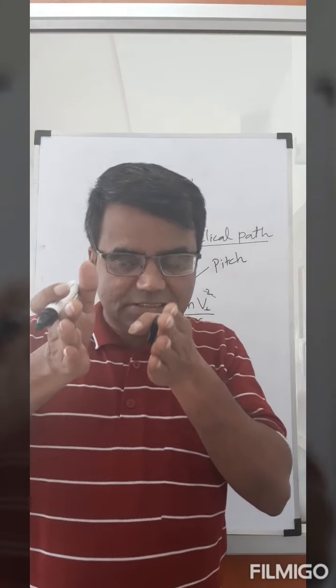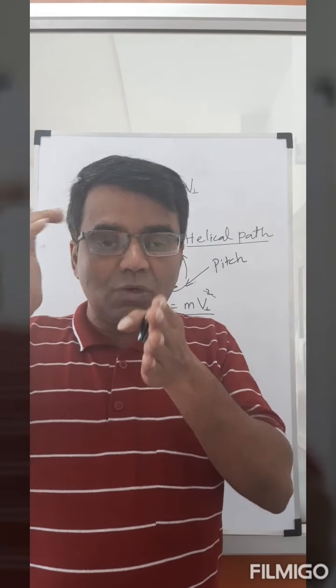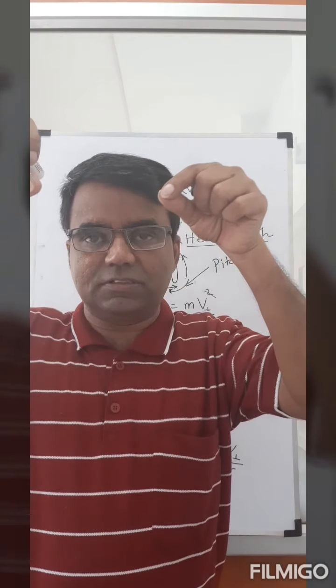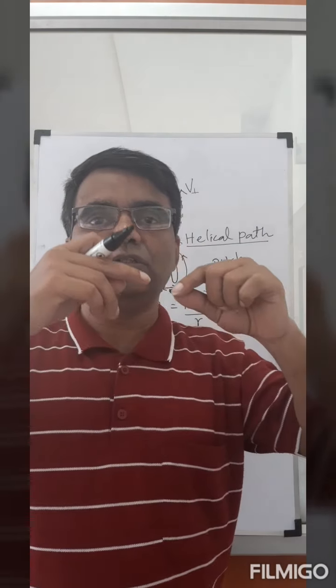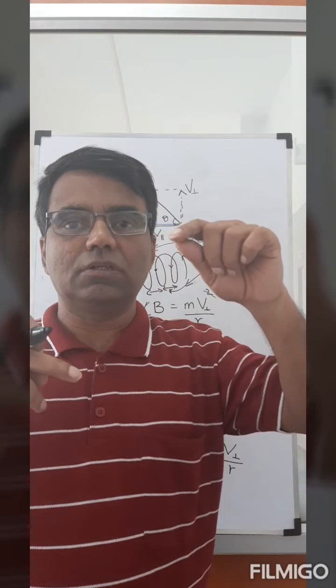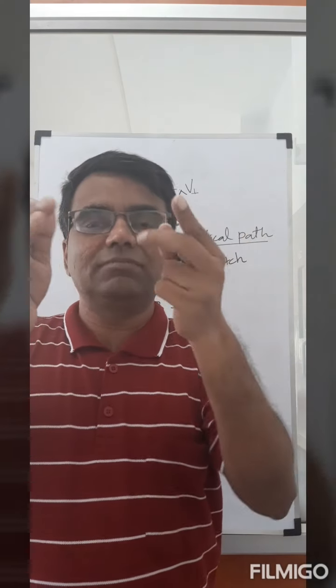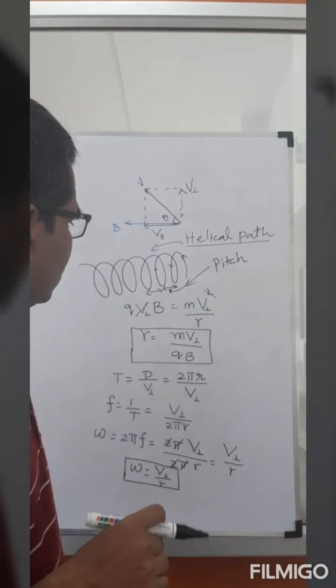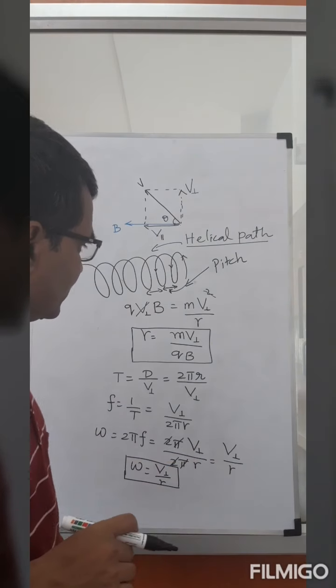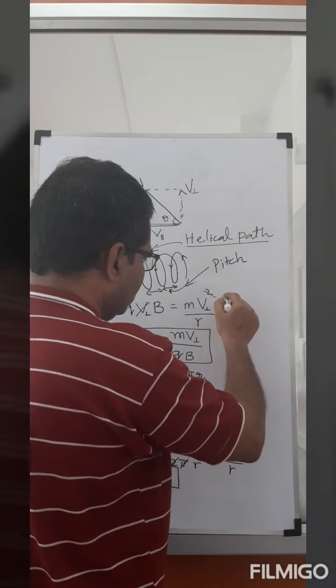That is the distance between one circle and the other circle, if you will put it that way. So then how do you calculate the pitch now?